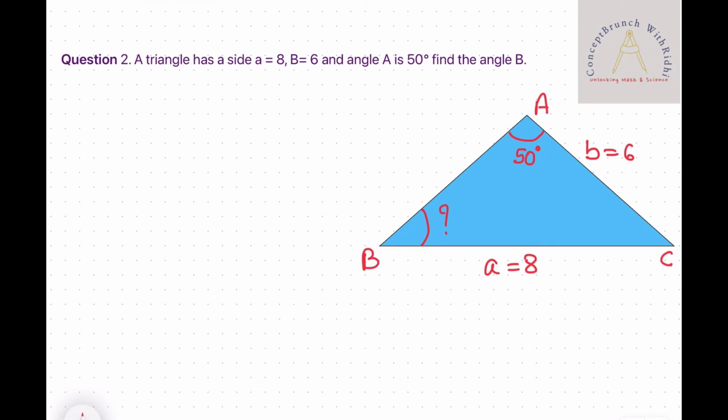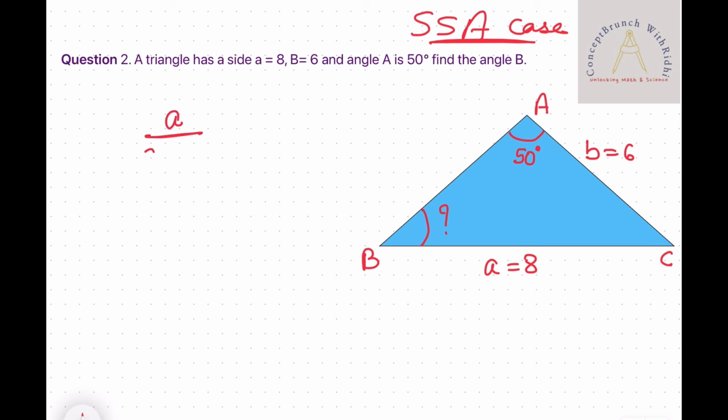So this is another question. Let's try when there are two sides and one angle. Two sides and one angle, that means the SSA case. Okay. Now use the sine formula. What is the information about a and about b? So we can ignore c again.